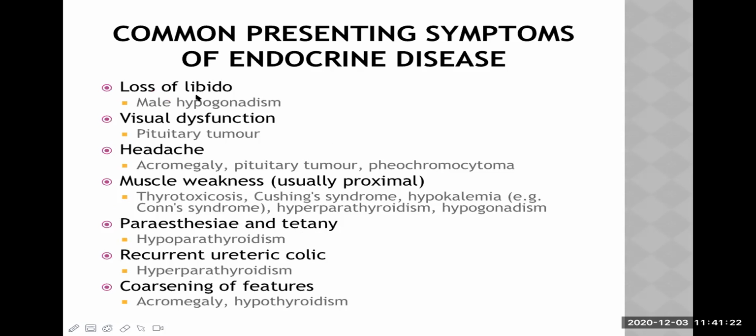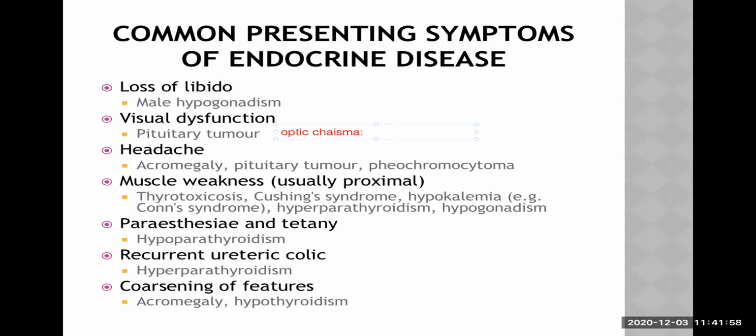Another common symptom may be loss of libido. Loss of sexual desire is called loss of libido. This is very common in male hypogonadism, and also in female hypogonadism. Visual dysfunction is very commonly seen in pituitary tumor. Now, there is one important term which is mentioned in the book. If there is a pituitary tumor, the optic chiasma, which is present right above the pituitary gland, is compressed.